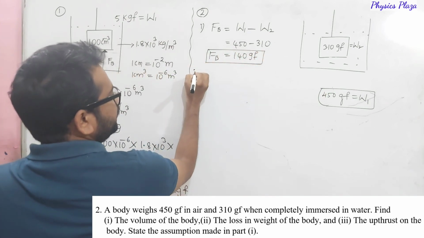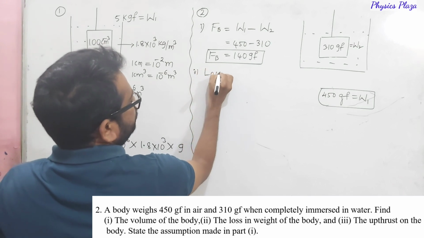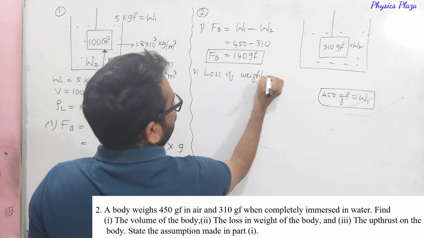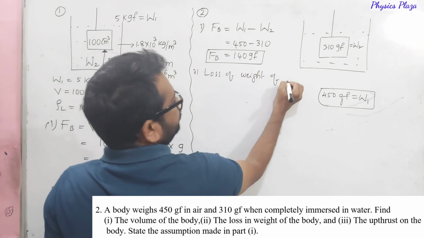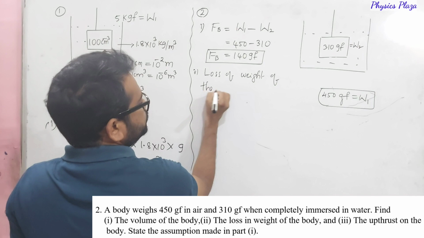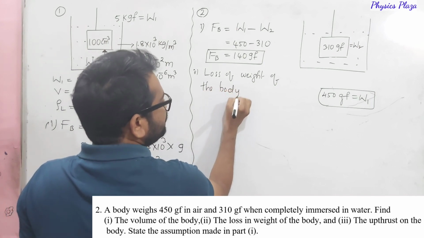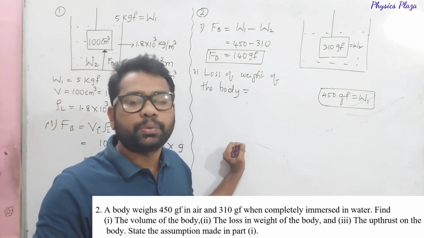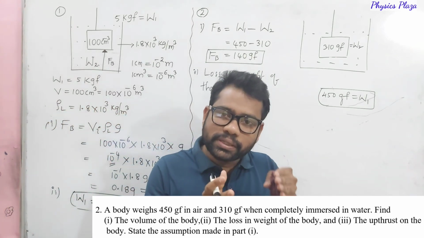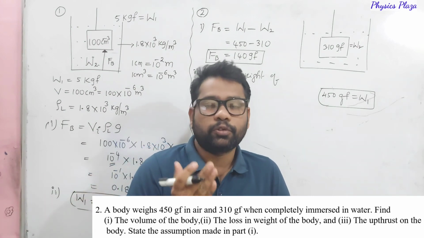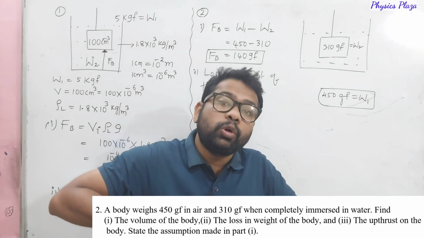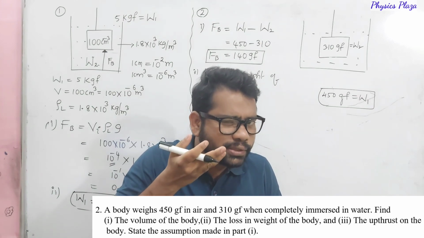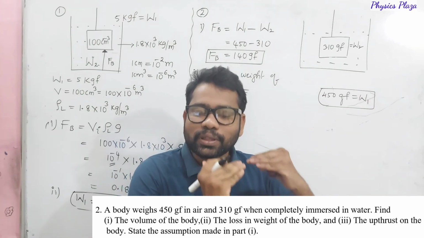And the second one, we need to calculate the loss of weight of the solid or body. Children, remember that it's very important. Whenever a body is immersed in a fluid, it experiences an upward force. If it experiences more upward force, more will be the loss of weight. If it experiences less upward force, less will be the loss of weight.